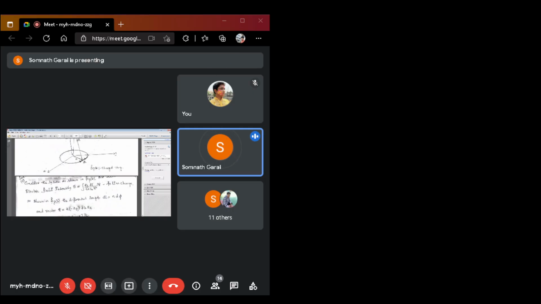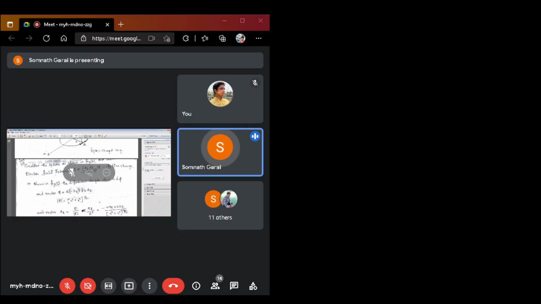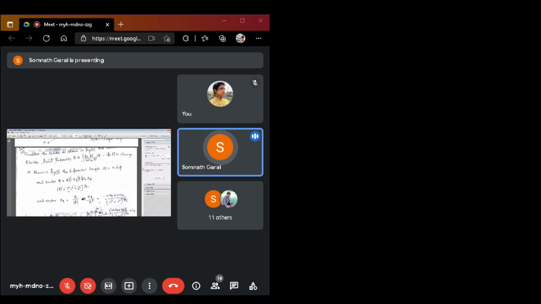We know that according to the line charge, the electric field intensity E is equal to the integration of rho L dl divided by 4 pi epsilon naught r square into ar. It is already familiar; we proved this in the previous class for the line charge.